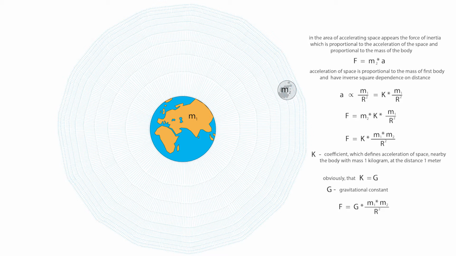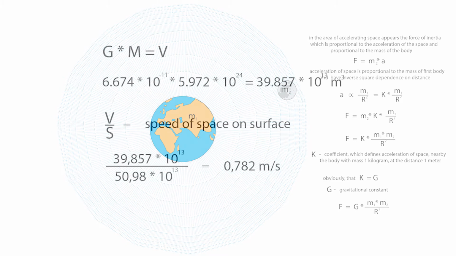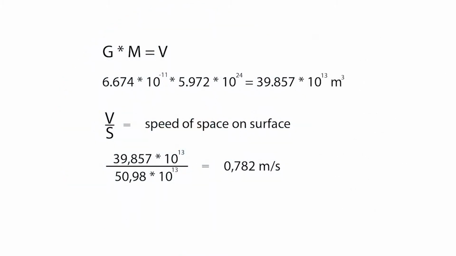For example, let's imagine that the gravitational constant determines how much space enters into an object with the mass of 1 kg per 1 second. And if we multiply the mass of planet Earth by the gravitational constant, we get the volume of space that enters into planet Earth per 1 second. If we divide this volume by the surface area of Earth, we will get the speed of space on the surface of the planet.